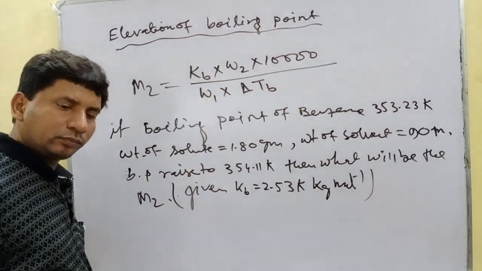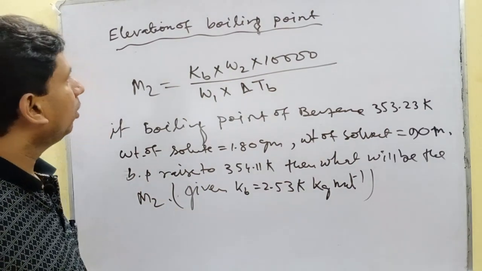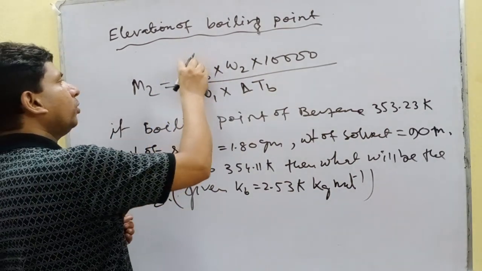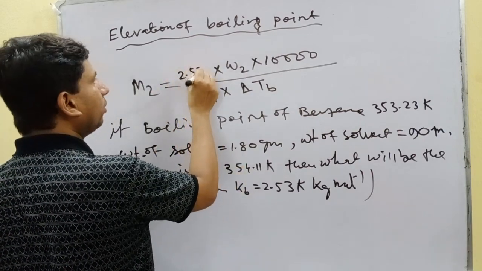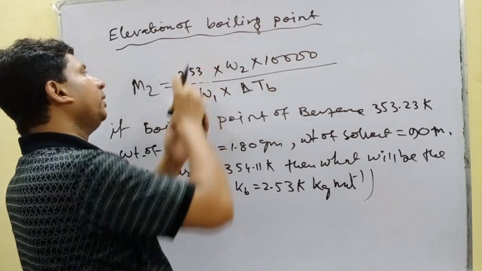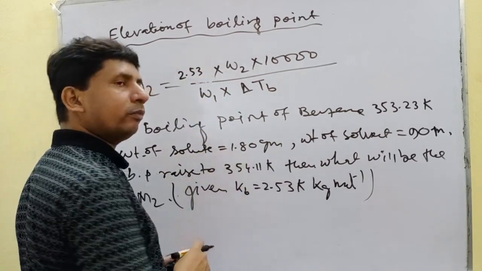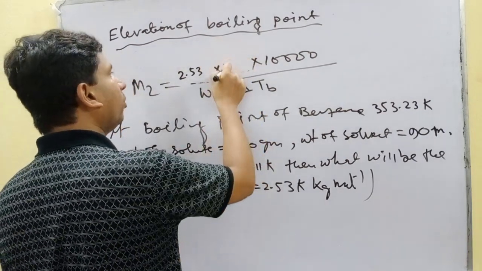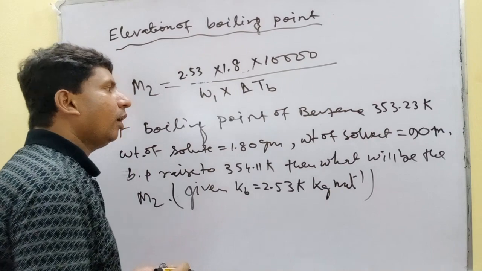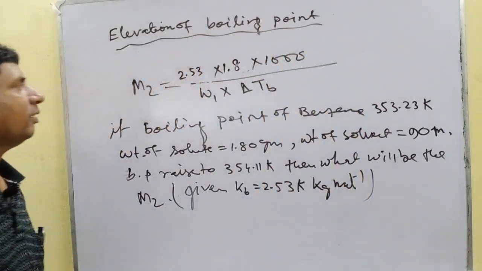If this is given then what will we do? Just put in Kb, which equals 2.53, then W2, the weight of the solute, that means 1.8, and this is 1000.